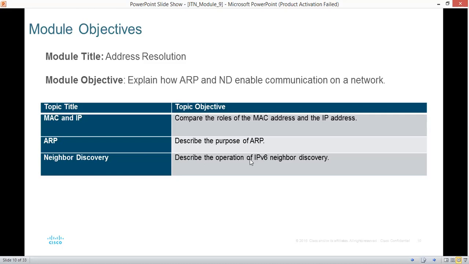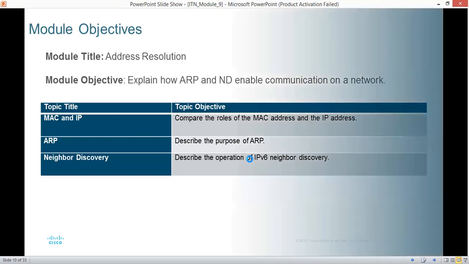And then for IPv4, it is through ARP, which is the Address Resolution Protocol. So for a system A to be able to tell where the destination device is, you either use ARP for IPv4 to resolve the destination, or you use neighbor discovery in the case of IPv6 to be able to determine the destination device.